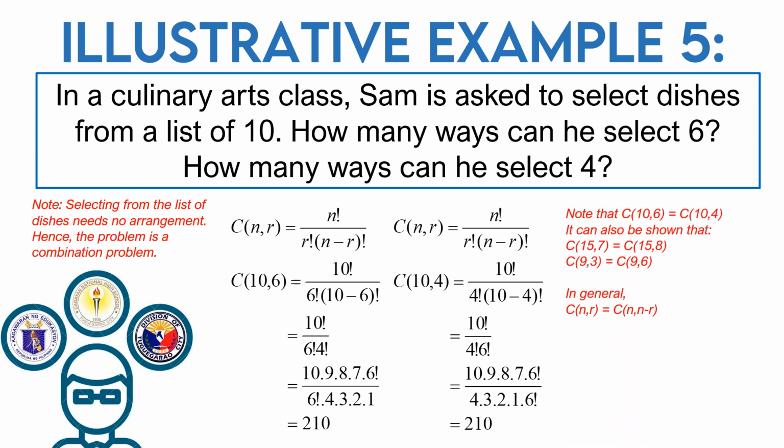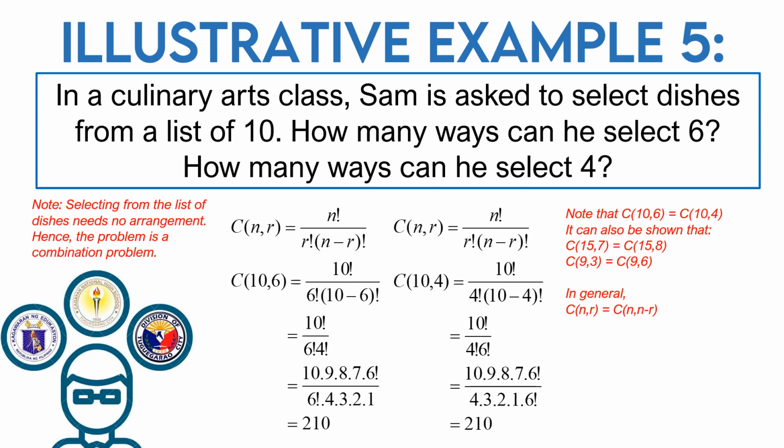It can also be shown, therefore, that the combination of 15 taken 7 at a time must be equal to the combination of 15 taken 8 at a time. Or similarly, the combination of 9 objects taken 3 at a time must be the same as the combination of 9 objects taken 6 at a time.